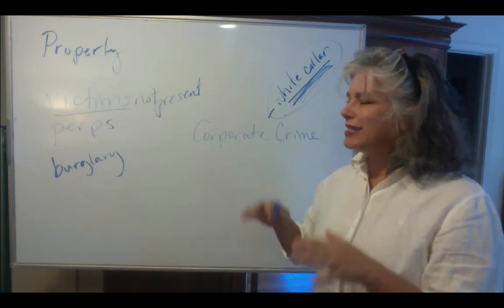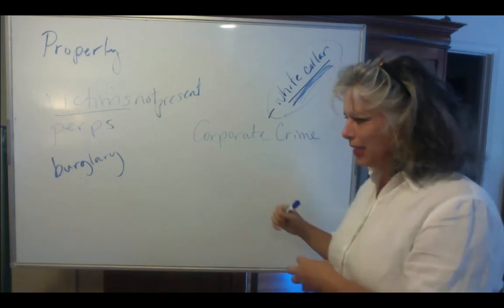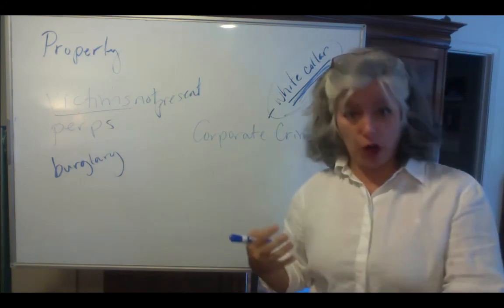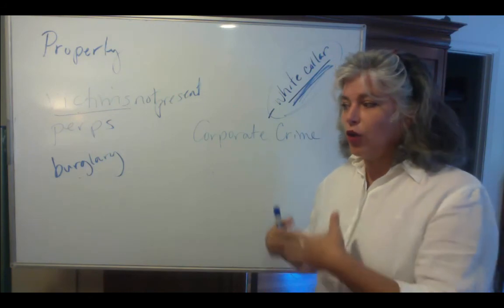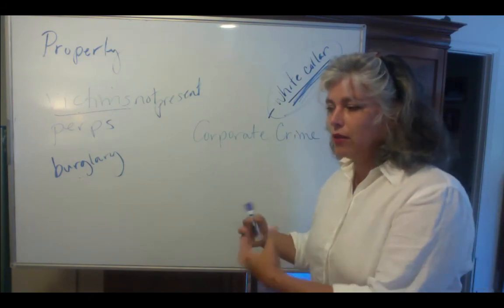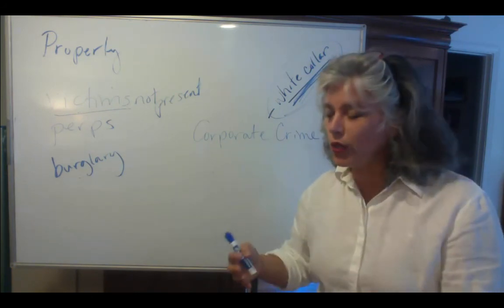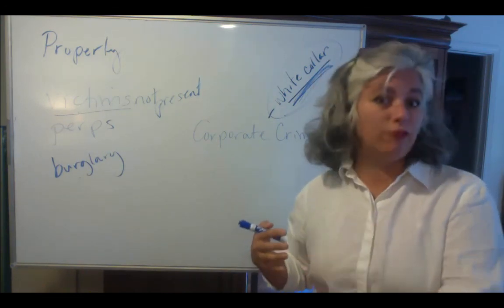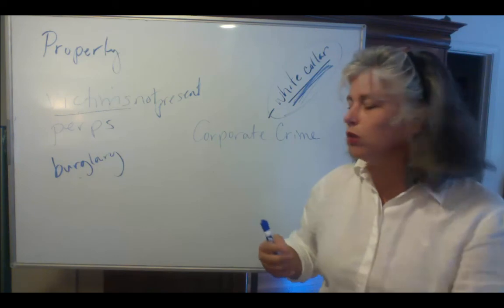So sanctions are written by those in power. Crime and criminal definitions, the criminal code, is written by people in power, people who have power to influence society and to set rules.